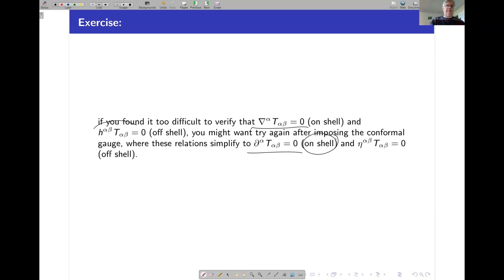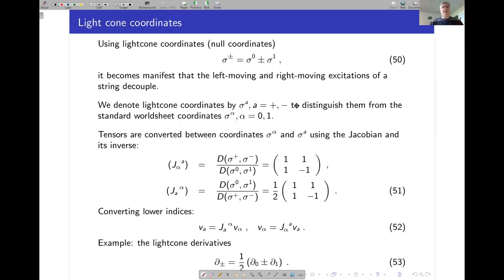For the tracelessness, it does not really make much of a difference whether you have a general metric or the 2-dimensional Minkowski metric, but for the energy momentum conservation equation, it is a simplification if you do it with a partial derivative. And I think that is actually a good time to stop.